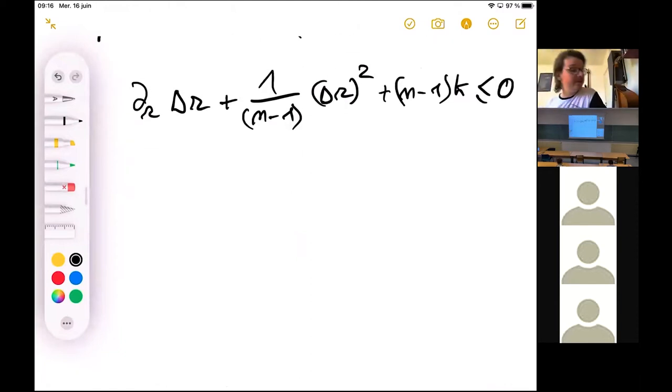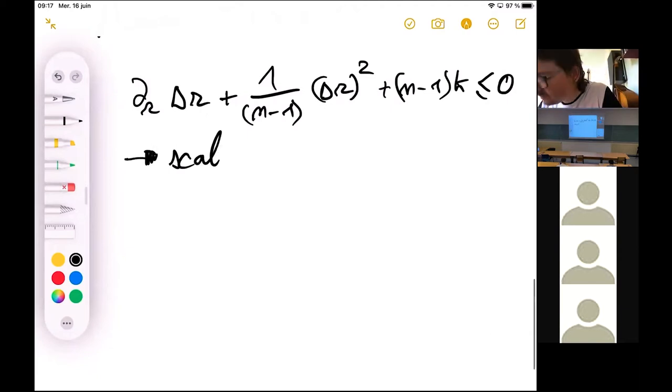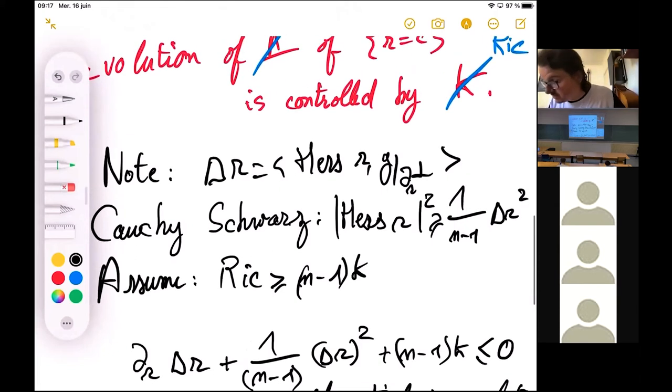If we compare to yesterday's lecture, we have one big advantage here: it is much simpler, since we have a scalar differential inequality instead of a matrix one. However, the use of the Cauchy-Schwarz inequality works only in one direction.